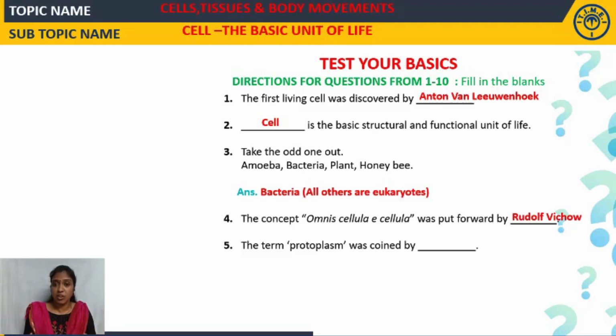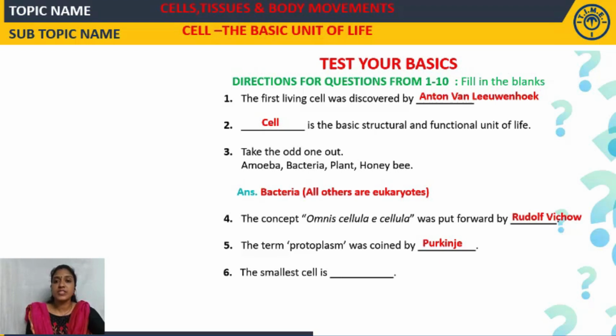In that tabular column, there was a point: protoplasm was coined by whom? Yes, it was Purkinje who coined the term protoplasm. He gave the name protoplasm. So what is the answer? Purkinje, the name of the scientist.